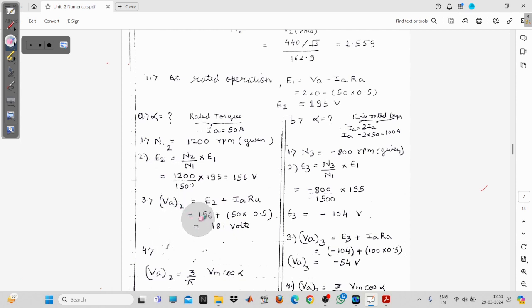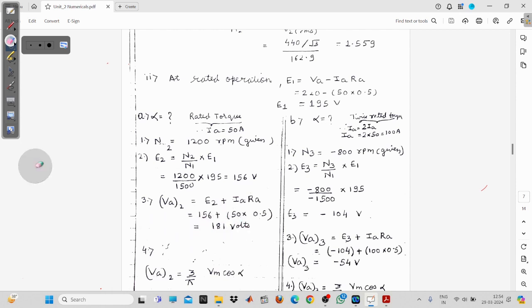Now, because we want to evaluate alpha, and for evaluating alpha the terminal voltage is required, VA2 will be equal to E2 plus IA into RA. If you put down the values, 181 volt will be the answer. Now this is the three phase, so the formula will be 3 Vm upon pi into cos alpha.